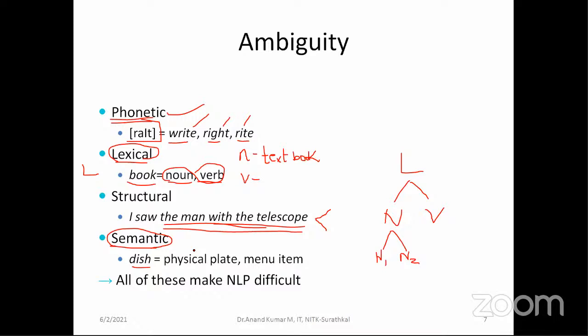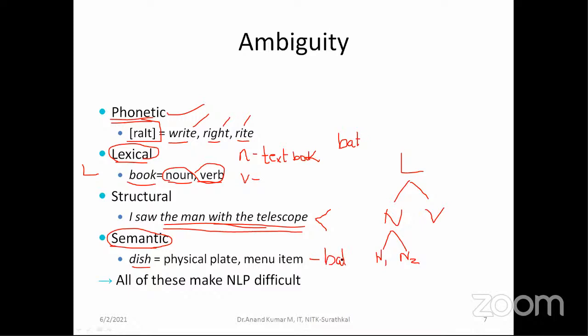Book, I am saying noun and verb. Any other word? It should be noun and verb. Bat, sir. Okay, correct. Does bat come under semantic level ambiguity or lexical level ambiguity? Lexical. So what are the two meanings you are saying, ma'am? Bat is an animal, and we also make it as a thing, that is again a noun.